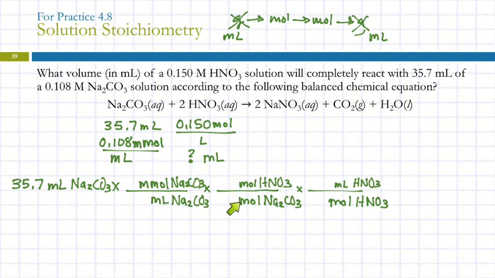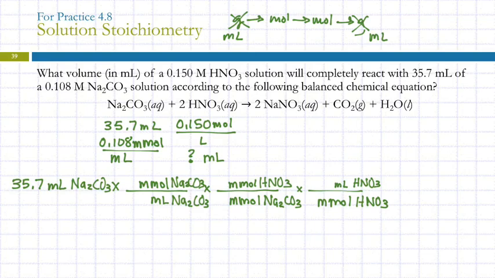Here, moles to moles, well, that's not going to cancel with this, so would it be okay if I put milli on both sides of this fraction as well? Sure. And then over here, milliliters on top and millimoles on the bottom. I'm just throwing milli everywhere. So this is one approach, just embrace the milli, do it all in milli. The other way is to convert to liters and do everything in liters.